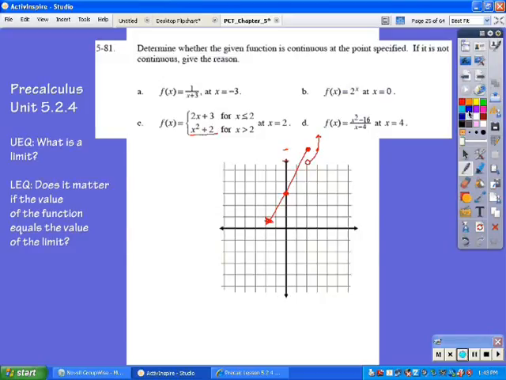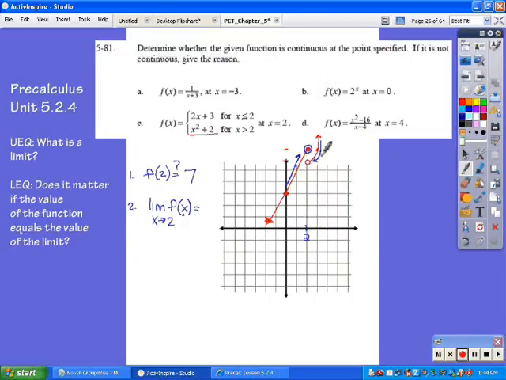Now, again, I'm going through my checklist. Does the point f of 2 exist? So I go over to the x value of 2. Do I have a coordinate there? Oh, not there, that's a hole. But there I do. What is the coordinate? It equals 7. Check. 2. Does the limit of f of x as x approaches 2 exist? So now I'm tracing with my fingers, tracing from the left, tracing from the right.